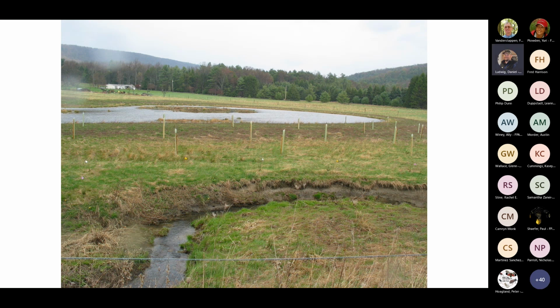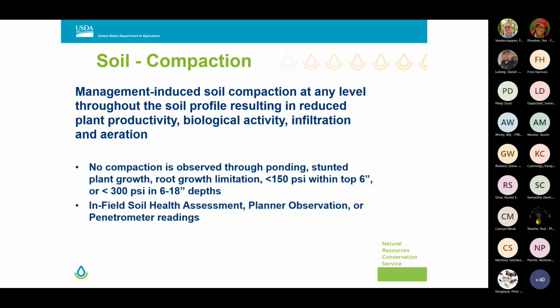That animal traffic is not providing stability. It's actually softening those banks up for the larger flows. We have an incised bank, so once we get flooding events, we can see more cutting and sloughing of those stream banks.